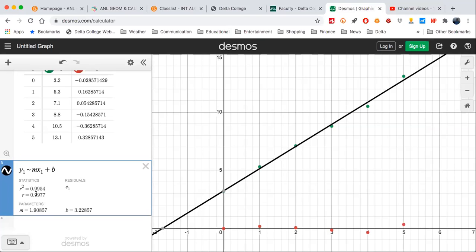Oftentimes they use r squared because it's always positive. If the slope of your line is negative, this r value is going to be negative. So they just considered the r squared value in that case. But it should be close to 1. If it's close to 0, then this is a really bad fit, a poor linear fit. And then in between, it just kind of goes up and down.